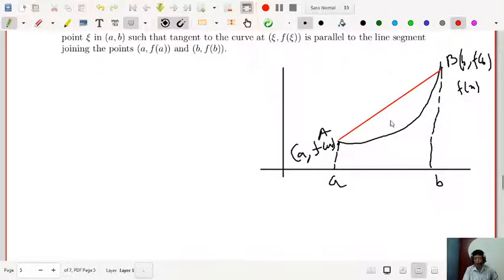AB is the chord, the line segment joining the points A and B, and you look at that these two ordinates are not necessarily equal, it is not mentioned.